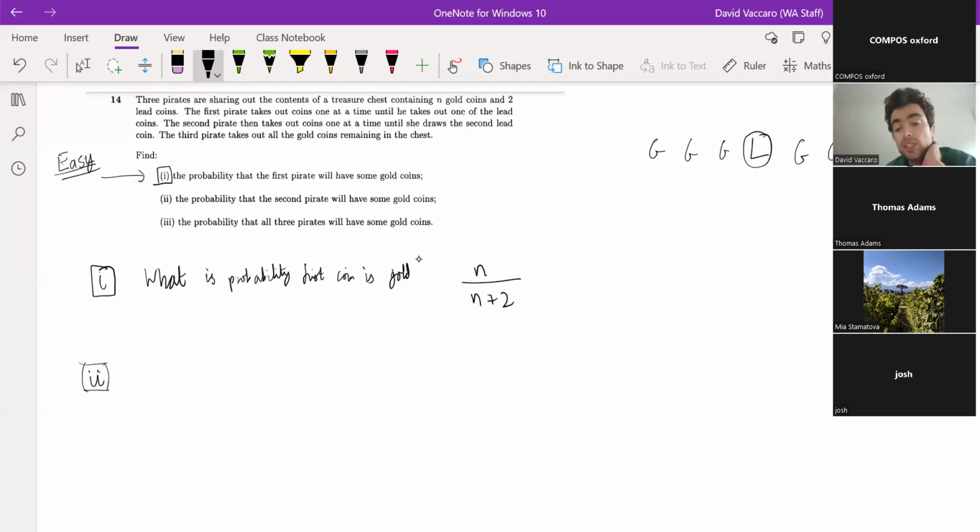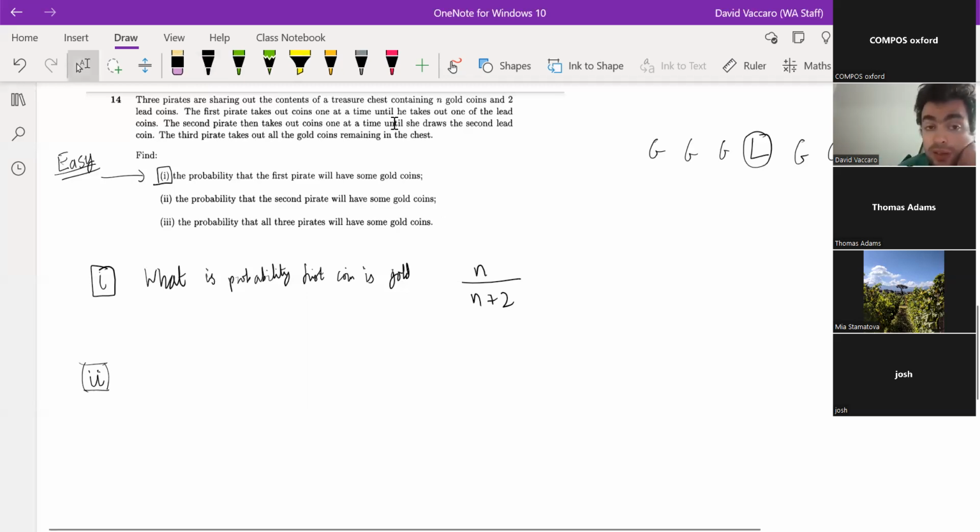So any suggestions, and there are lots of different ways of doing this. What needs to happen for the second pirate to have no gold coins?